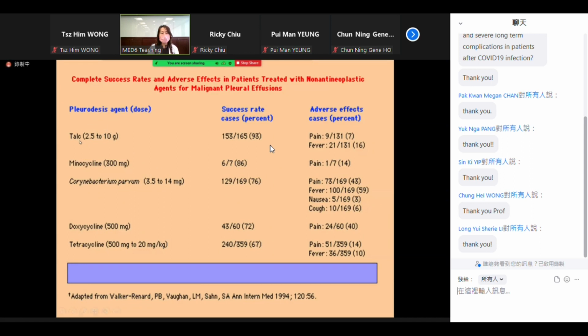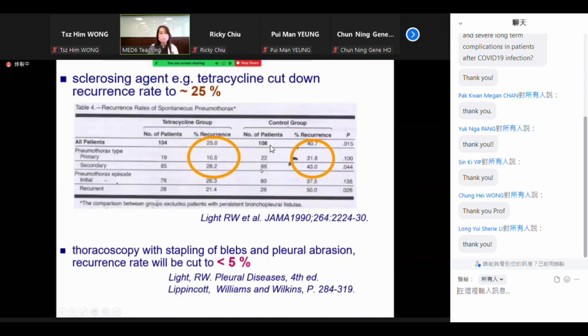So there are other chemical pleurodesis agents like minocycline, doxycycline, and tetracycline, but the most efficient would be talc. After the tetracycline chemical pleurodesis, you can see the recurrence rate is decreased for primary from 30 to 10, for secondary from 43 to 28.